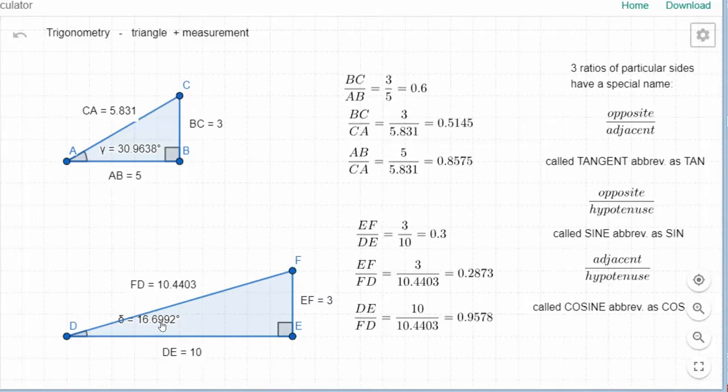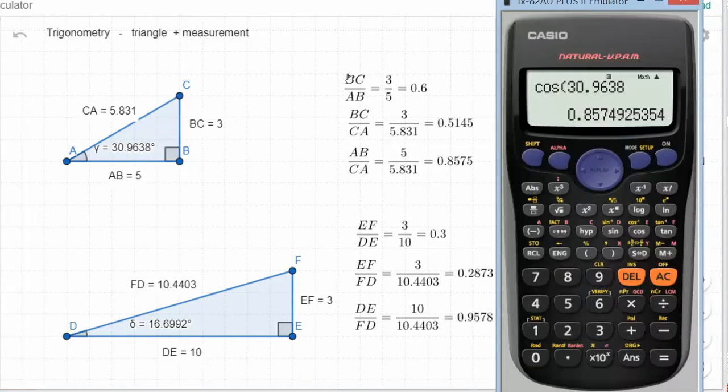Just understand that these ratios depend upon the angle. Up here, this angle is 30.96.